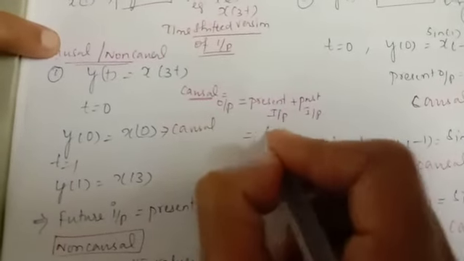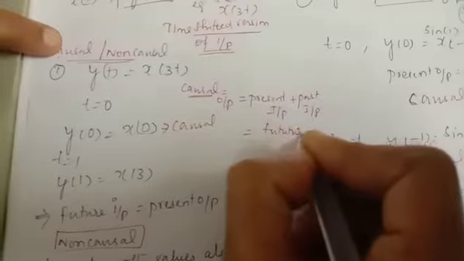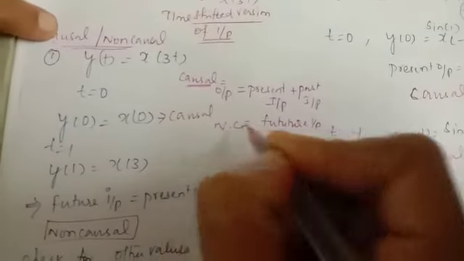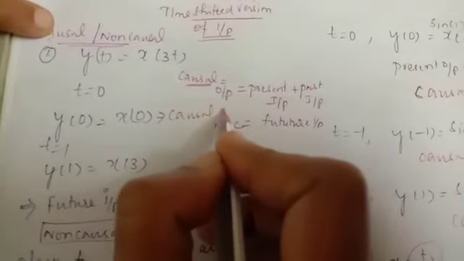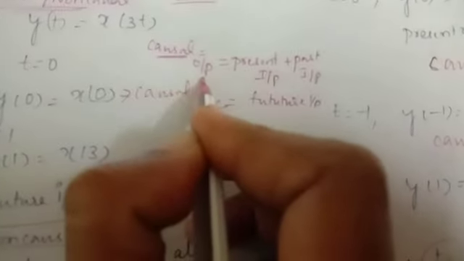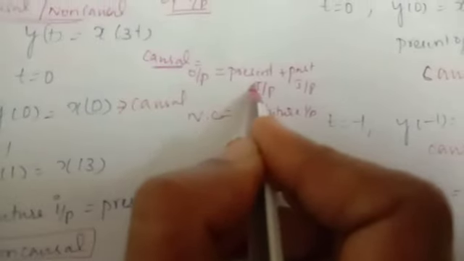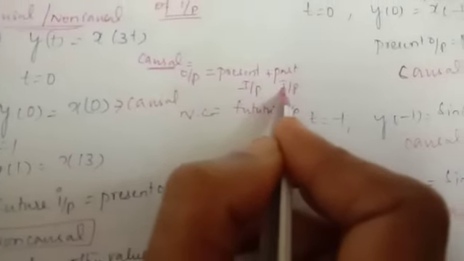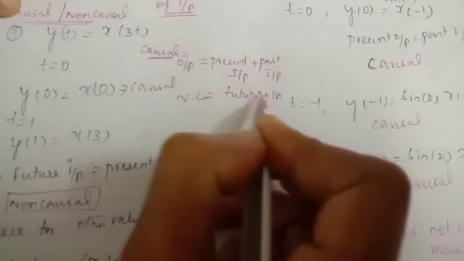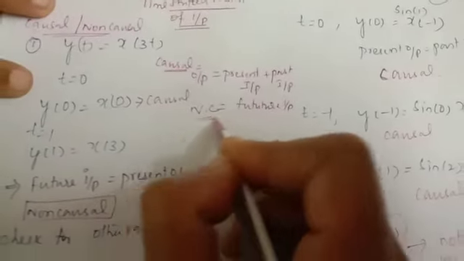If it depends on future input also, we call that system non-causal. So this point is very important. A causal system is one whose output at any time depends on present and past values of input. If the output depends on future values of input, then we call that system non-causal. We keep this point in mind.